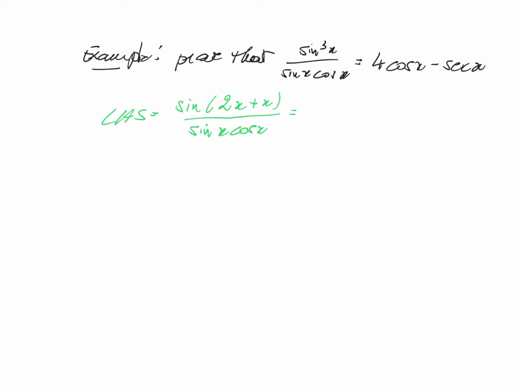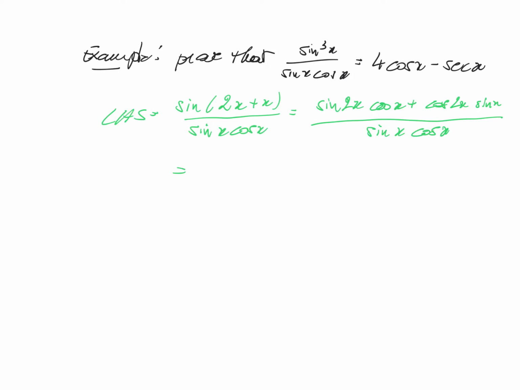So this one is sine 2x cosine x plus cosine 2x sine x divided by sine x cosine x. In the next step, we will use the double angle formula.